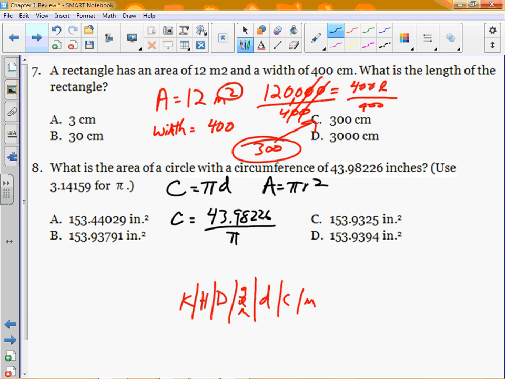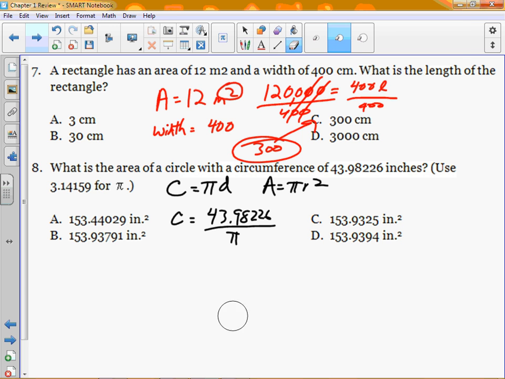If I'm given the diameter, somebody with a calculator, what's 43.98226 divided by 3.14, divided by pi? What does it say? 14? Exactly. So your diameter is 14. If my diameter is 14, what's my radius? Very good. Radius is 7.